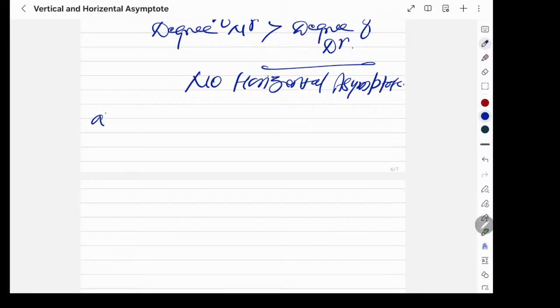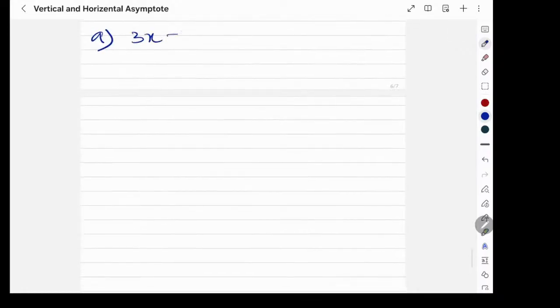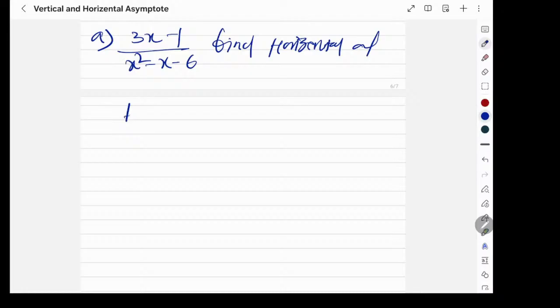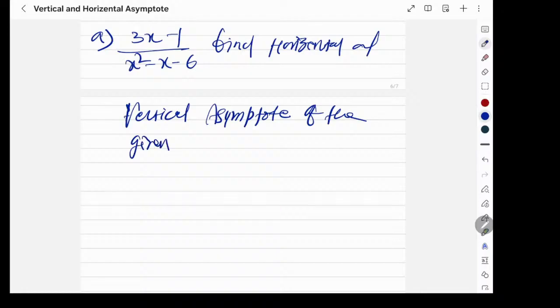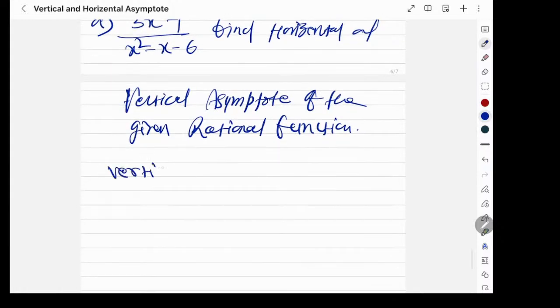So look here. The first question: if I say f(x) equals (3x minus 1) over (x square minus x minus 6), how do we find the horizontal and vertical asymptotes of the given rational function? This is too easy, right? So first of all, you find the vertical asymptote.